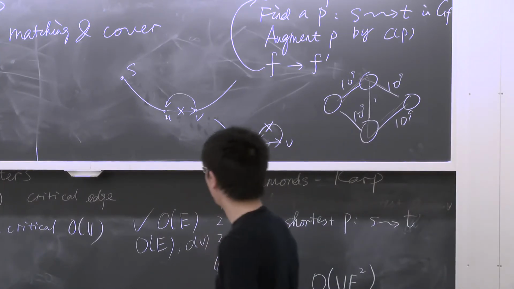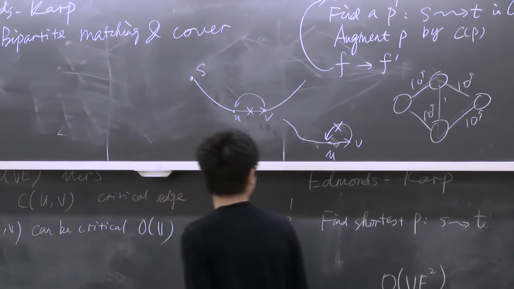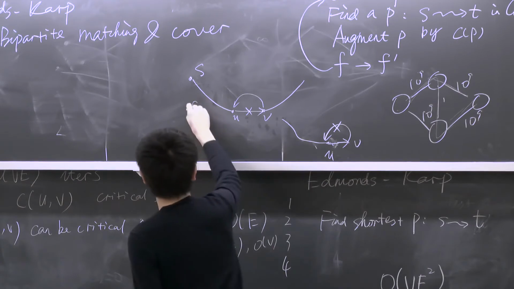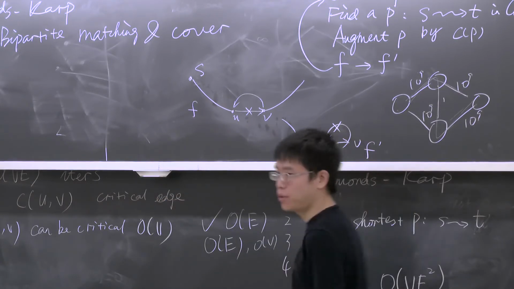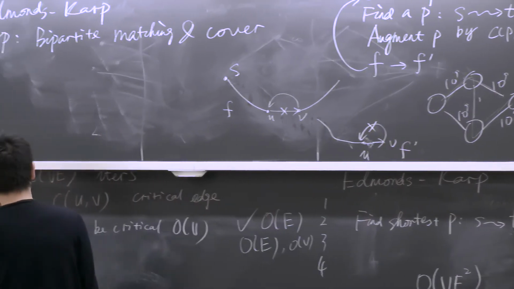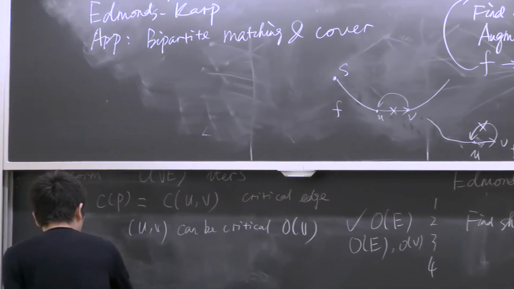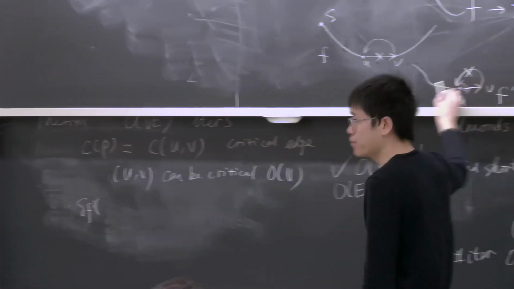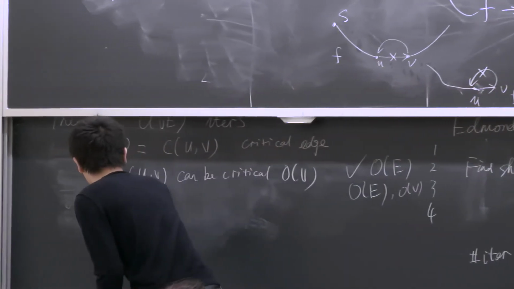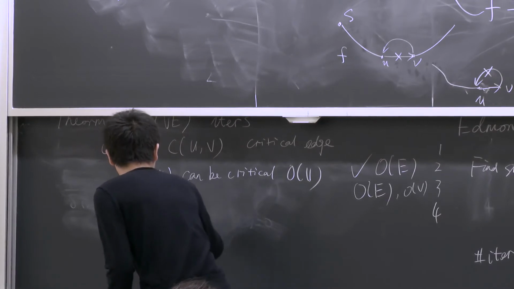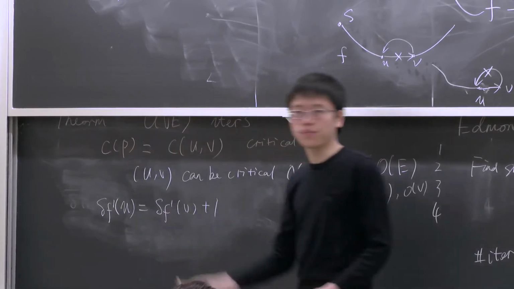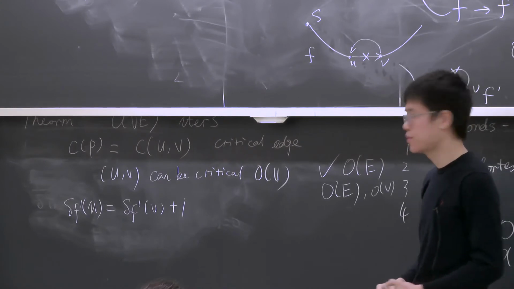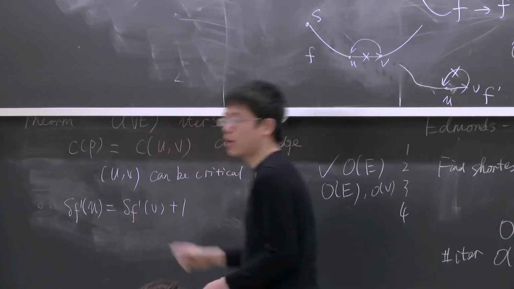Okay, let's see what happens there. Now I'll call this graph f, this graph f prime. So in f prime, we know we are augmenting the path from V to U by the same argument. Delta U is delta V plus 1 in f prime. Correct? And we know this one doesn't drop. Right?